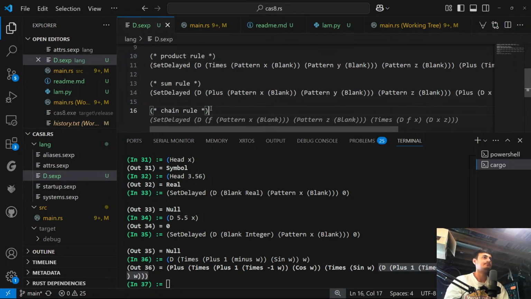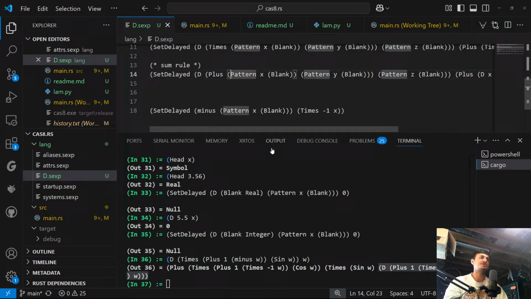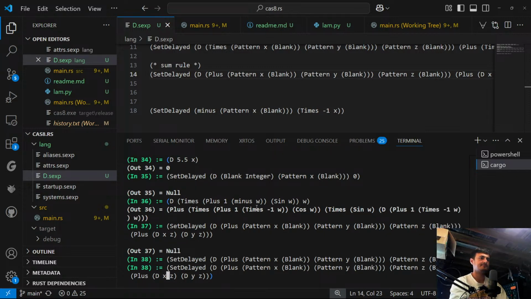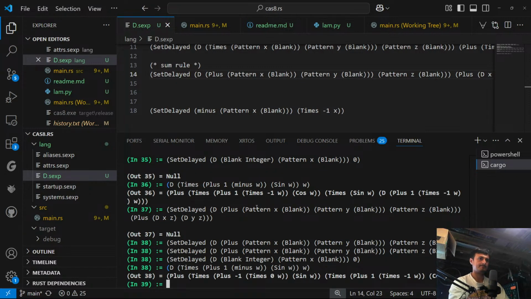Yep, we do need chain rule, but right now, this might be all I need, baby. All right, so we got a plus times plus minus 1.